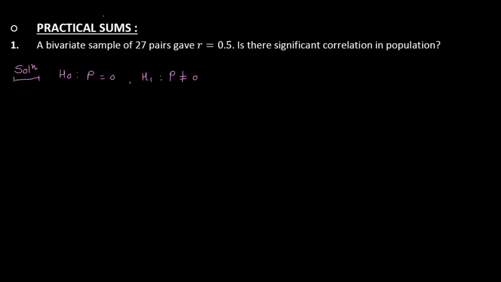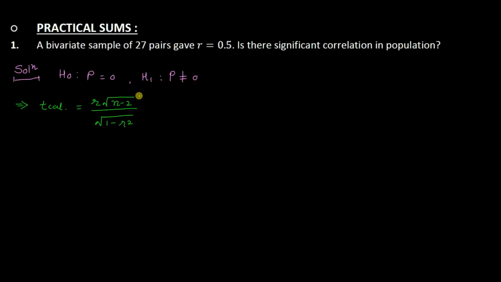Now find out t calculated value. The formula for finding t calculated is r into under root of n minus 2 divided by under root of 1 minus r square.